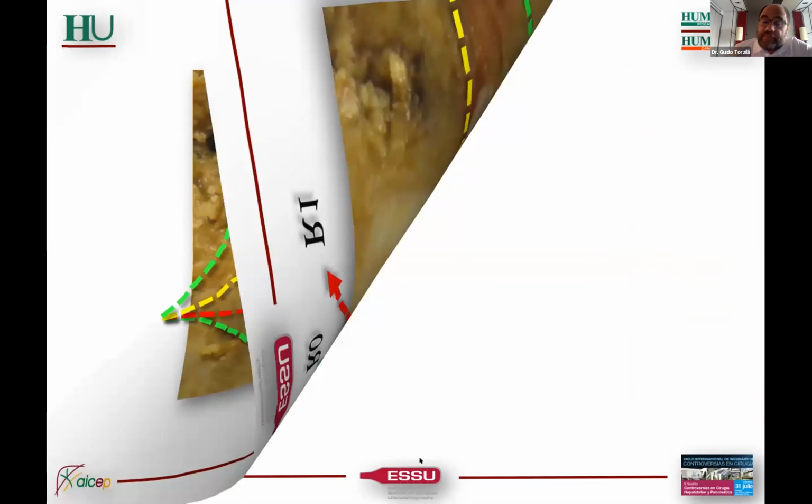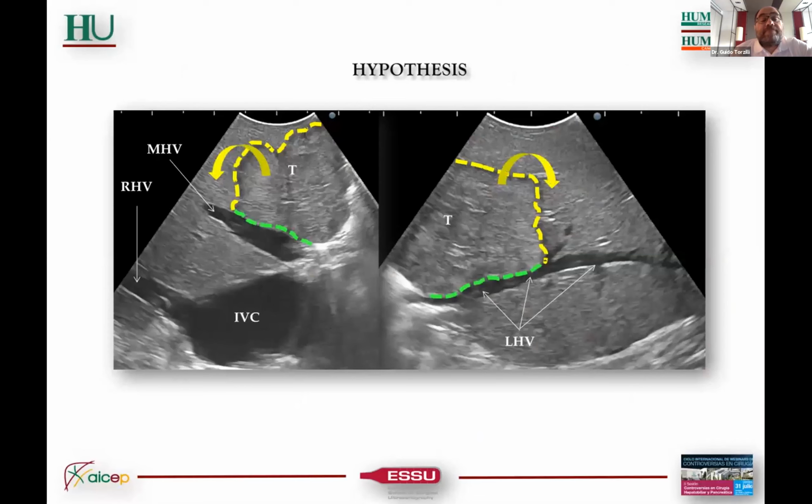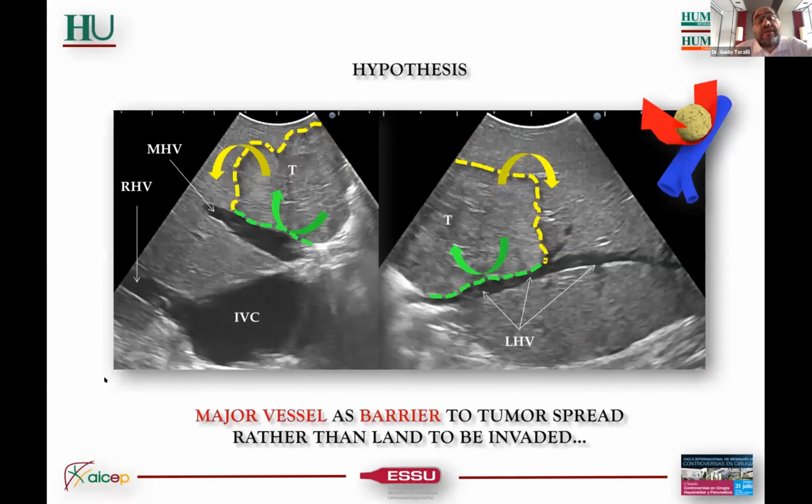And the hypothesis that we were introducing is that in reality, when the tumor is in contact with the major vessel, in contact with the burden between two different parts of the liver, fully anatomically separated by the vessel itself, then probably it is different from spreading into the adjacent parenchyma rather than in front of the vessel.